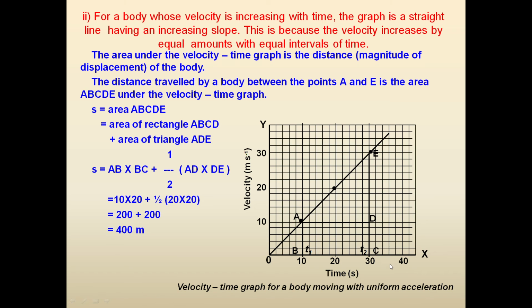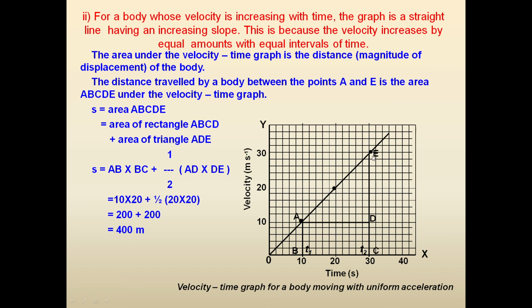So it is 10 into 20 plus half into base into height. This is a triangle, half into base into height. The base will be 20. Look here, AD is 20. And the height ED, that is also 20.